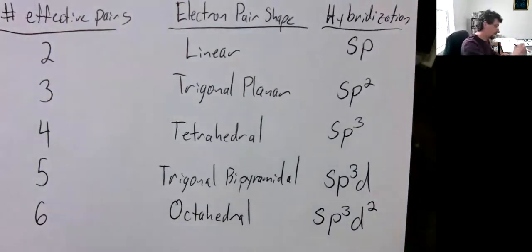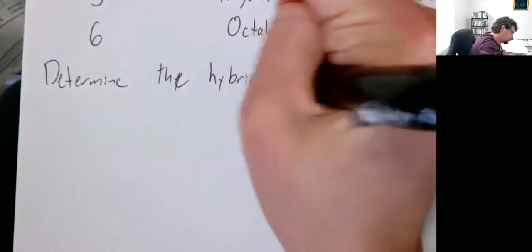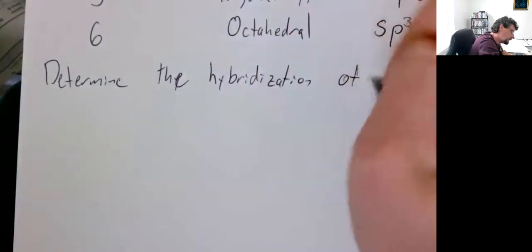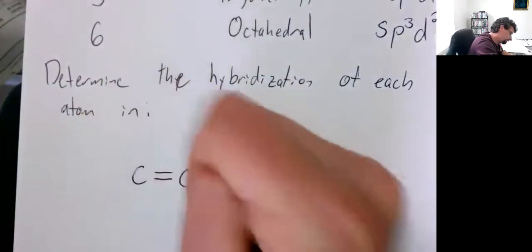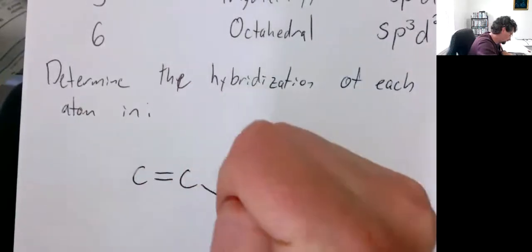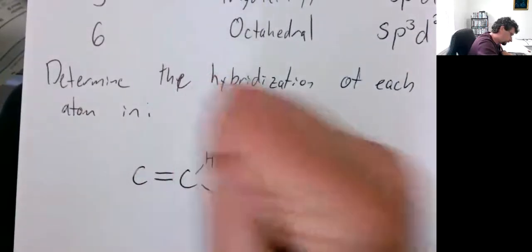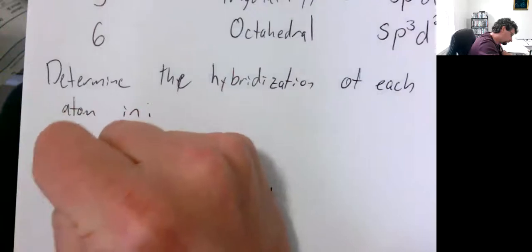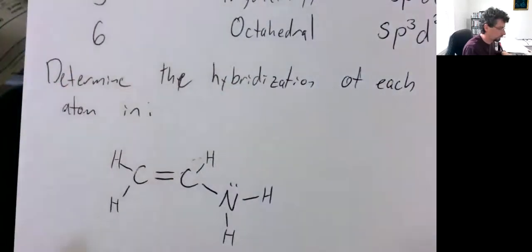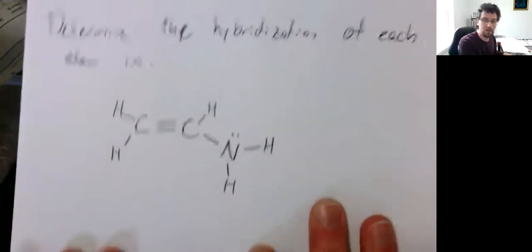Okay, so let's look at an example. We want to determine the hybridization of each atom in the following molecule. So this is our molecule.